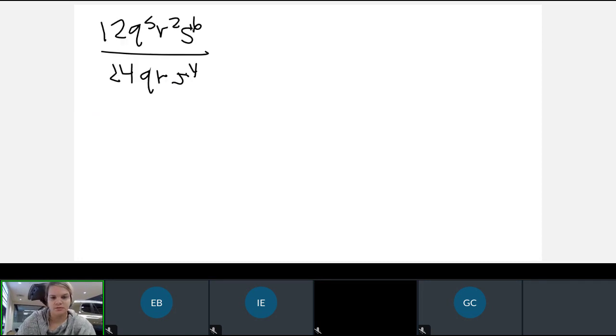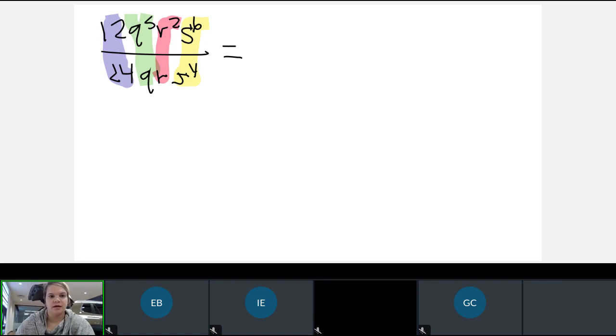Okay, Amari, so this is the first one you sent me. This was number 6. We have 12 q to the 5th r squared s to the 6th, and then 24 q r s to the 4th. So we're just going to be dividing here. This is all division. So I'm going to do 12 divided by 24, q to the 5th divided by q, r squared divided by r, and then s to the 6th divided by s to the 4th.